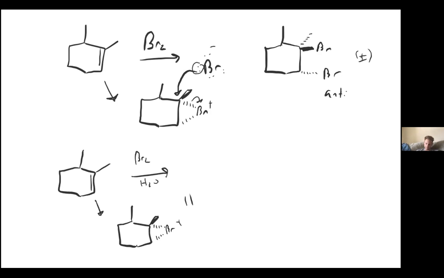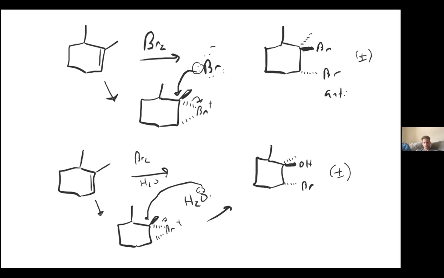A water is going to come in and attack at your more substituted center. Still an anti-product. Now you just replace one of your Brs with an OH.